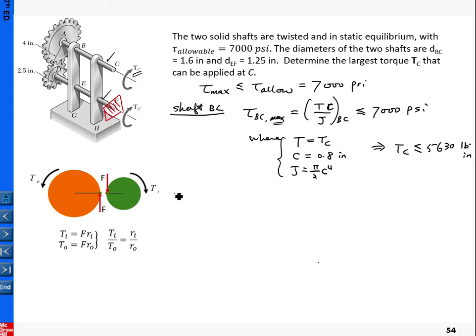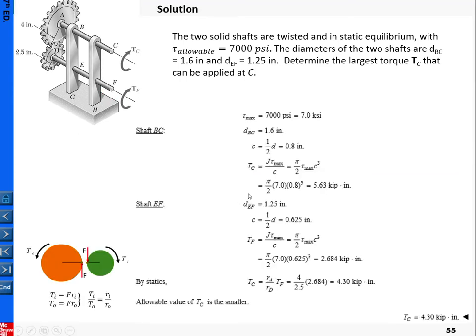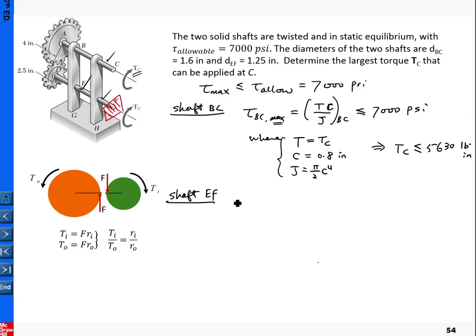Now we check the shaft EF. Basically right now I'm checking this one here. The same thing: the maximum is again TC over J, and everything here pertains to the shaft EF information, less than or equal to 7,000 psi.